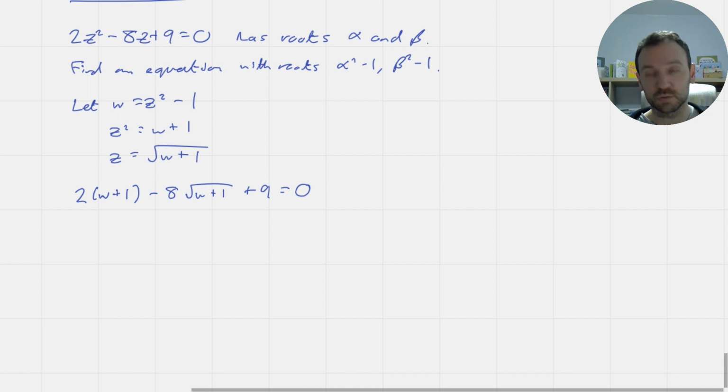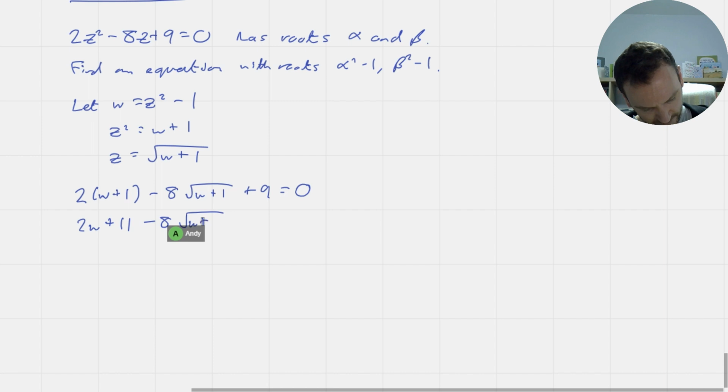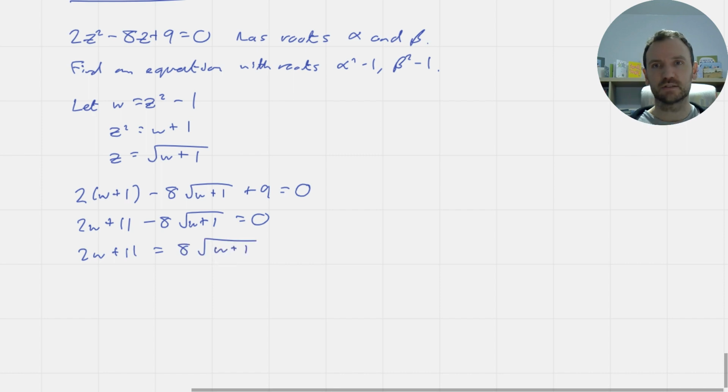Now, in this case, we can deal with that. If we get this square root isolated and then square it, we won't have a square root anymore. So let's expand the other bits we can first. So we're going to get 2w plus 2 plus 9, or plus 11, subtract 8 root w plus 1 equals 0. And then if we get the square root just onto a side by itself, now we can square both sides. We couldn't square before because we'd end up with lots more terms involving the square root.